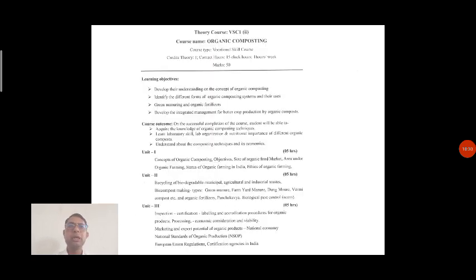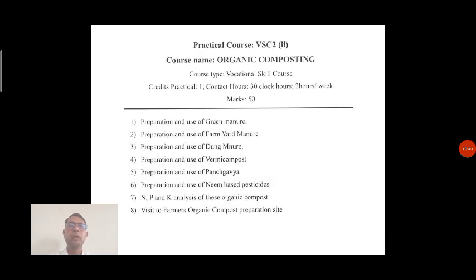The next one you can see is organic composting, which is the subject known as VSC. It is for 50 marks, and we are going to study this organic composting under 3 heads: unit number 1, unit number 2, and unit number 3. And to this organic composting, again there will be different practicals.